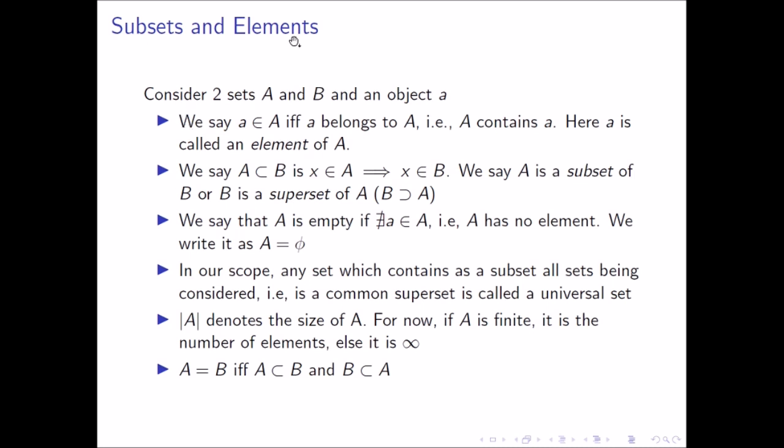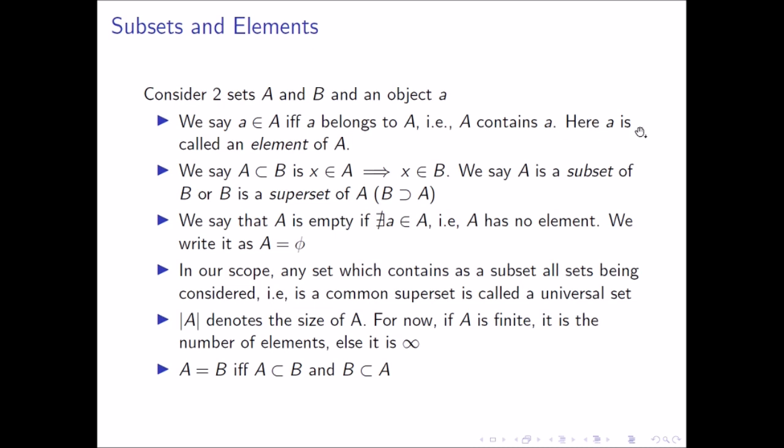Now let's consider subsets and elements. A and B are two sets and a is an object. If a is an object of A, that is, a is, as we said, an element of A, we say that a belongs to A, or A contains small a.